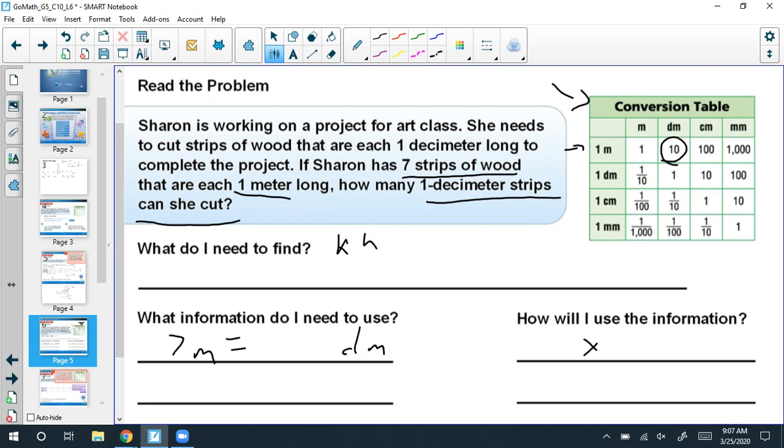King Henry died drinking chocolate milk. And here I can see that my meter units are in the middle. Decimeters are one place to the right. So I'm going to multiply by 10. So again, she had 7 meters times 10, which means that we can get 70 decimeter strips out of her pieces of wood.